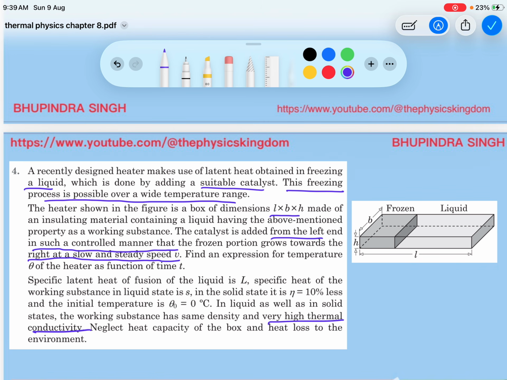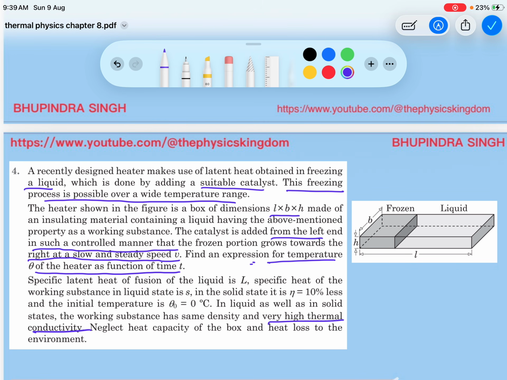From this data, find an expression for the temperature theta of the heater as a function of time. So we need the temperature of this whole thing at any time t.